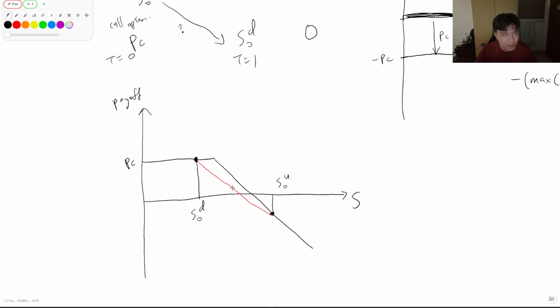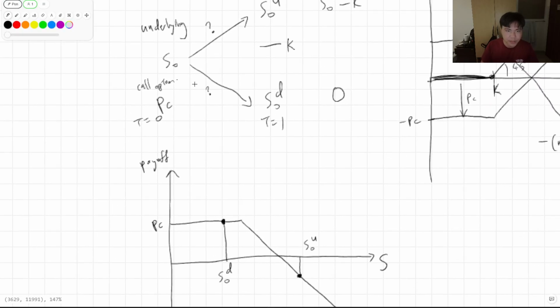And as a call option seller, I do not like this. I want to be able to not care about the price movements, and I can do so by performing hedging.